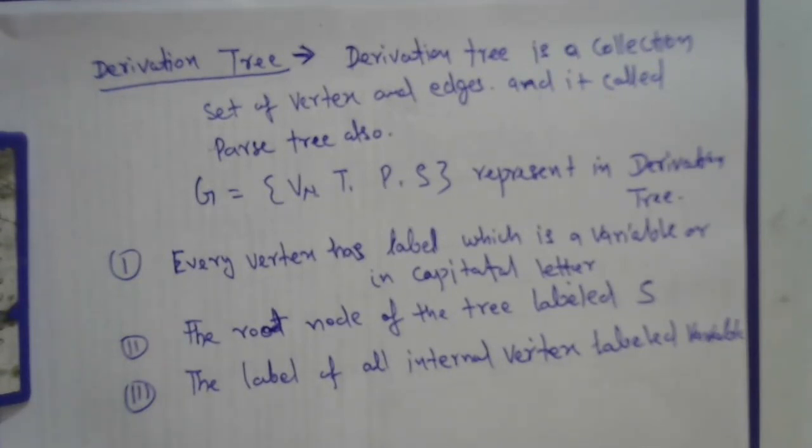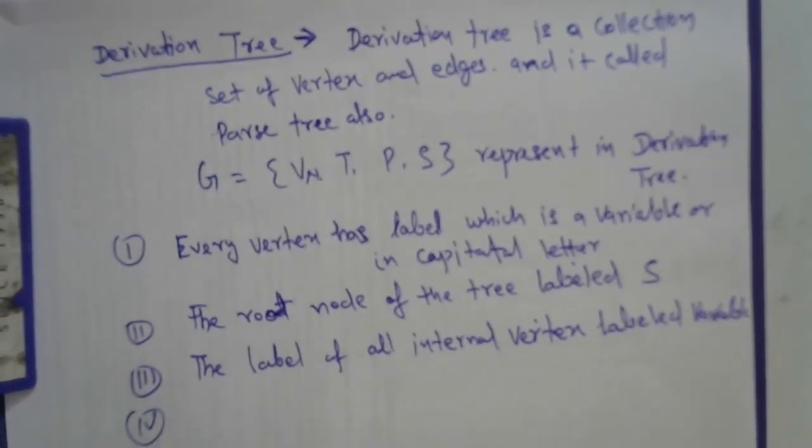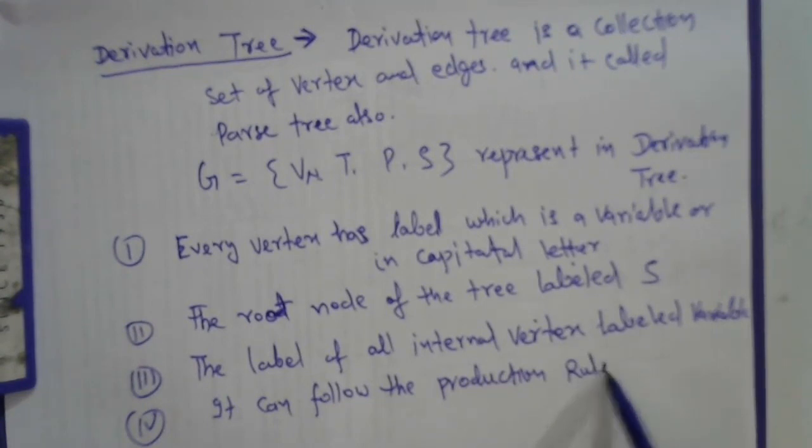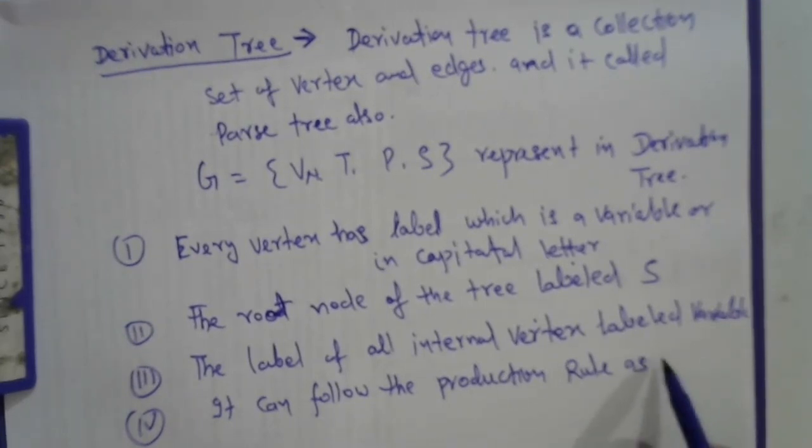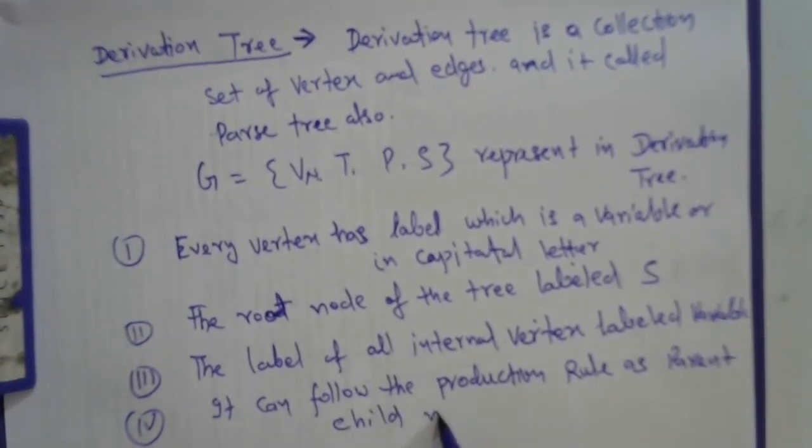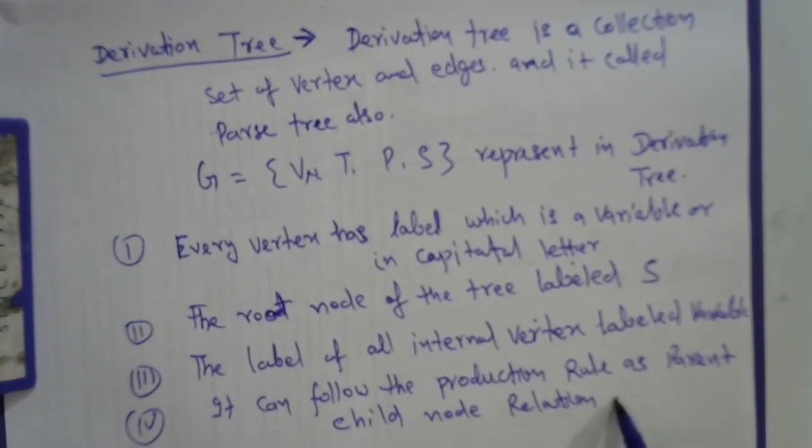And the next rule, the fourth rule, is simple: it follows the production rule, which has a parent-child node relation, as S goes to ASB.